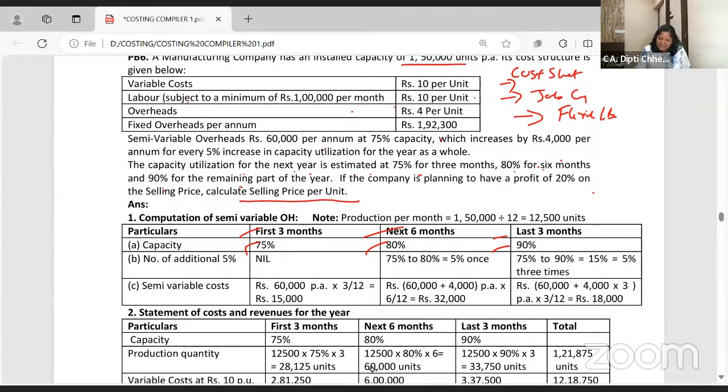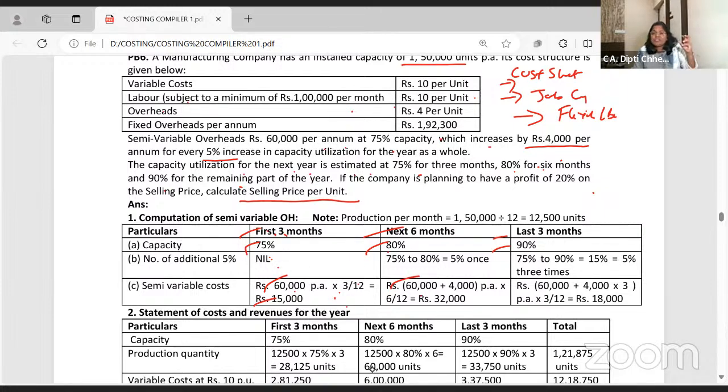Semi-variable overhead is 60,000 per annum at 75%. So 60,000 is per annum, and only 3 months it is working at 75% capacity. Semi-variable overhead increases by 4,000 for every 5%. So at 80% what will it be? 60 plus 4, 64,000.